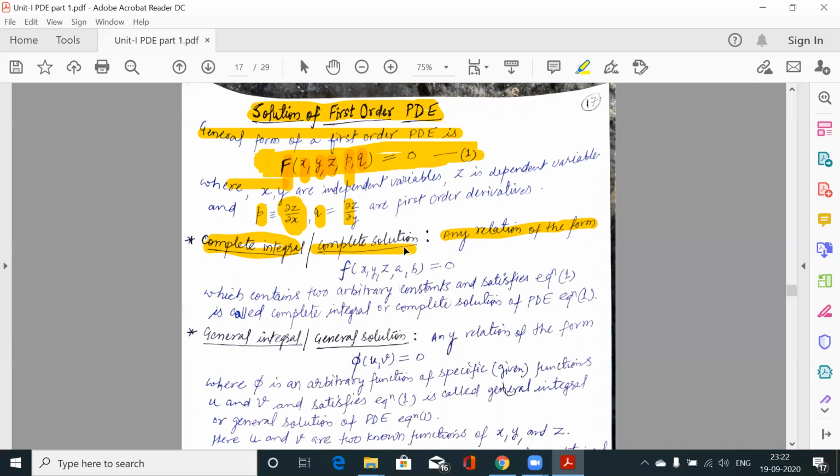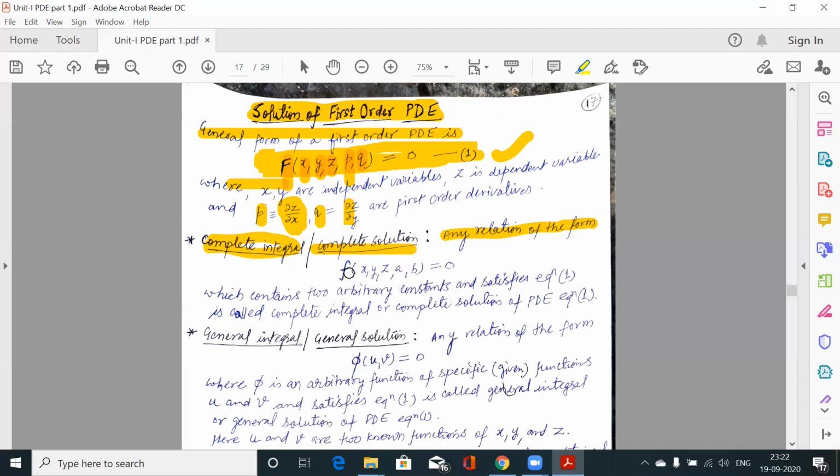Now the complete solution: first it has to satisfy the given differential equation, and second it must include arbitrary constants, and those constants must be two in number, because this is a first order PDE.